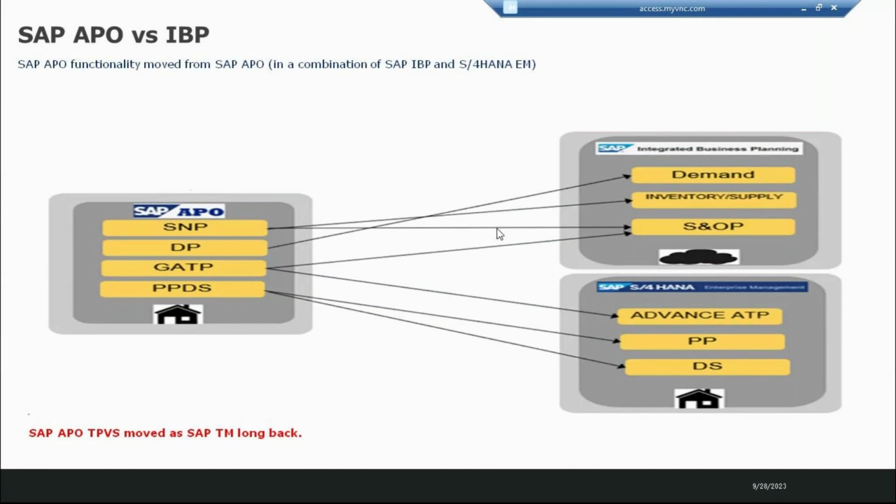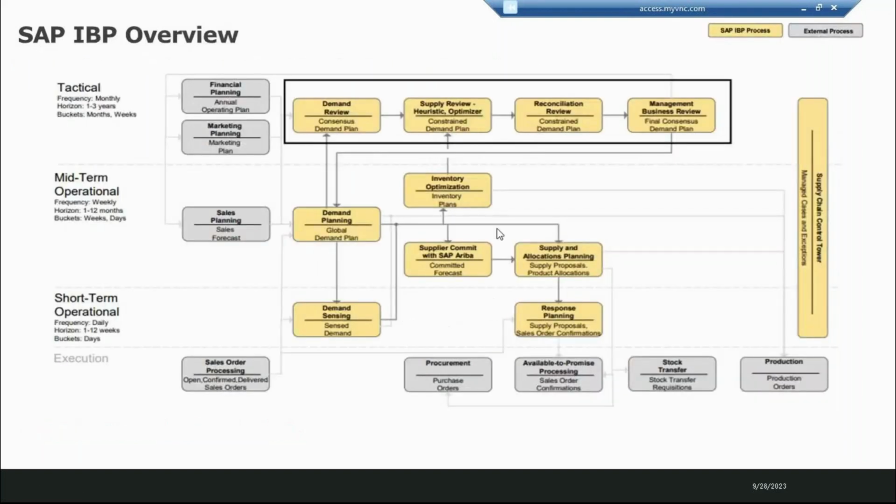Okay. So now this is the overall IBP. IBP will cover short-term planning, mid-term planning, and long-term planning. Generally every company does short-term, mid-term, and long-term planning, and this is covered by all the IBP modules. Generally mid-term to long-term planning is covered by S&OP supply, and short-term by response and supply, and I will tell you the differences.